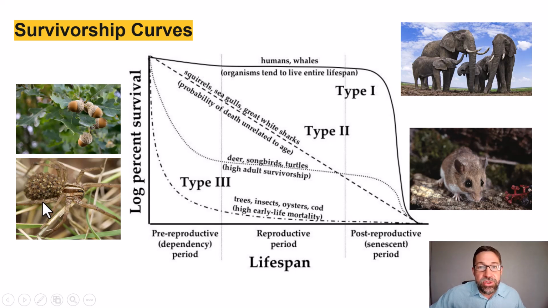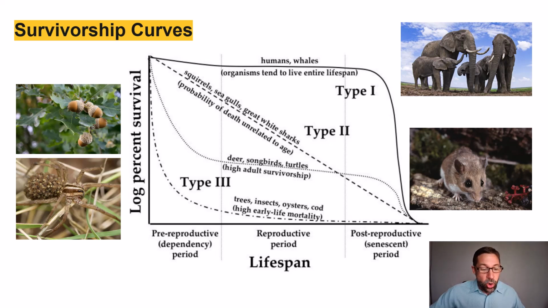The vast majority of those baby spiders are not going to survive. It's the same with the oak tree. Think about the thousands of acorns that are produced by an oak tree in any given year. Only a minute proportion of those acorns are actually going to germinate and then grow into a reproductively aged adult oak.